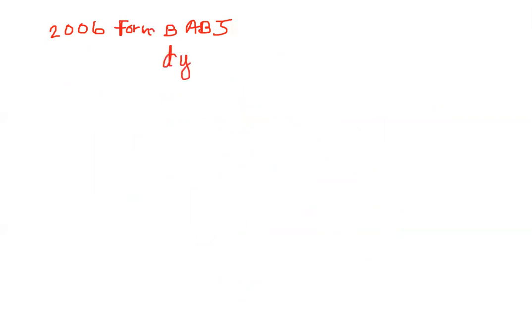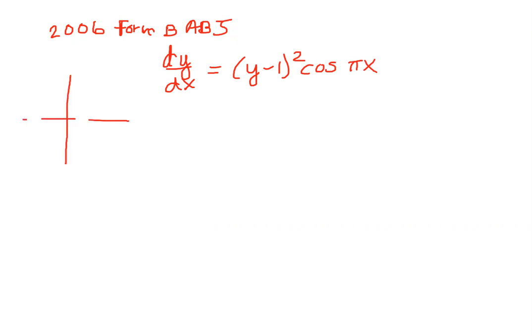Okay, dy over dx equals y minus 1 squared cosine pi x. Look at this. This is a complicated equation, and this is a no calculator problem. So first of all, you're going to do your slope field on your points, and I am going to just put them on here quickly for you.